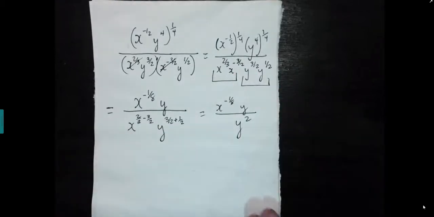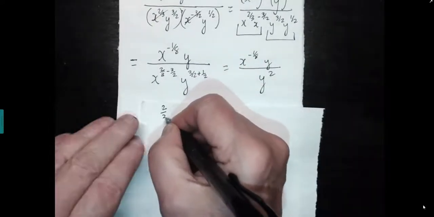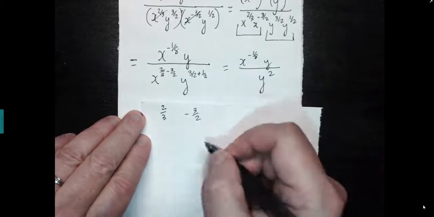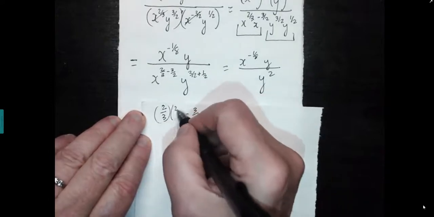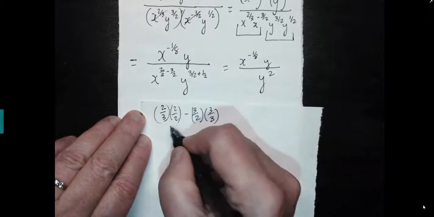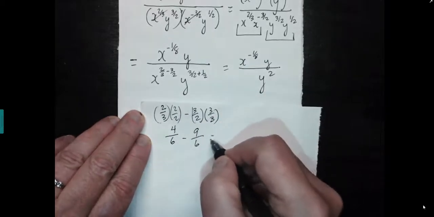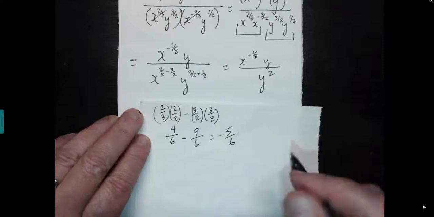And what is 2/3 minus 3/2? You can figure it out by hand, or you can put it in your calculator. The trick is I'm going to multiply that one by 2/2 and that one by 3/3. So I'll get 4/6 minus 9/6, which is minus 5/6.